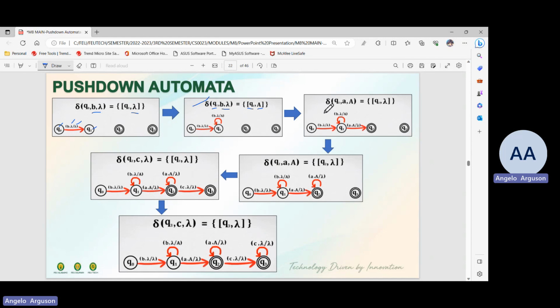We have a transition from Q1 to Q2, which leads us to have these three symbols again. This time we have an input of A, and the top to be popped is the capital letter A, and we're going to push nothing using this symbol. Next, going to remove some of the scribbles.